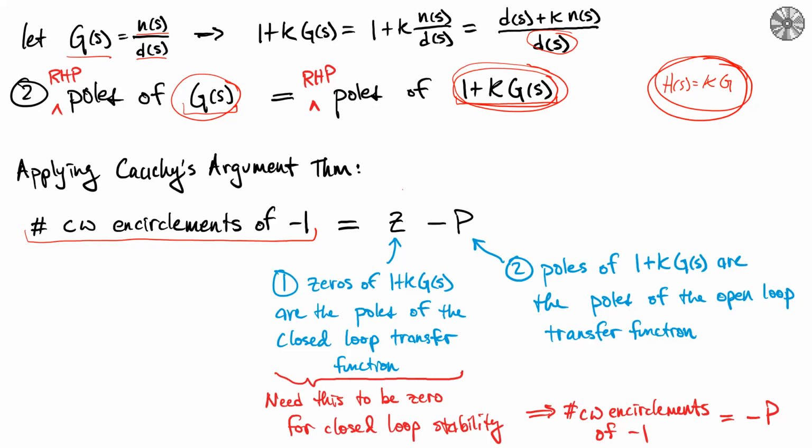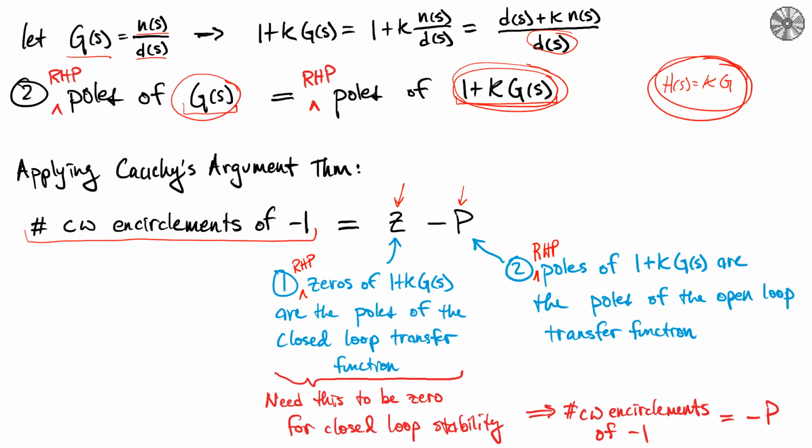And in particular, we're going to be looking at the number of poles and zeros that are inside this contour. And so that means that we're looking at the right half plane poles and the right half plane zeros of 1 plus kg.